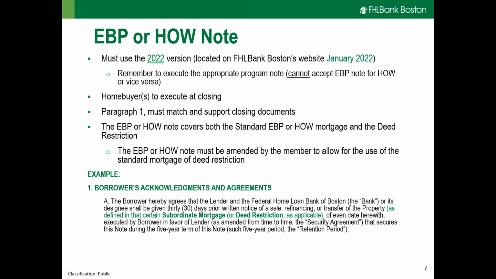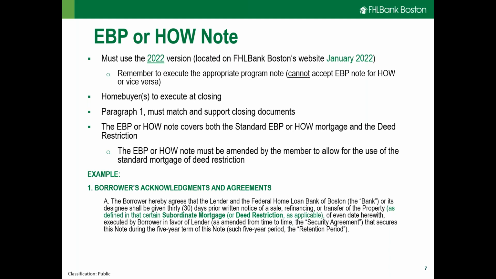So if it's in Massachusetts, it's a 40B, or there's, in the northern states, any affordability covenants, if you will. That's where your organization can make edits. So really what you should be doing, but we will still accept it just listed with both. The intent of it is it's either or. So it's either a subordinate mortgage because it's not an affordable unit, or it is an affordable unit and it's a deed restriction.